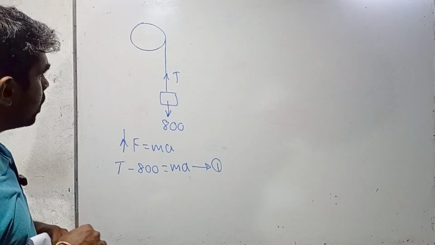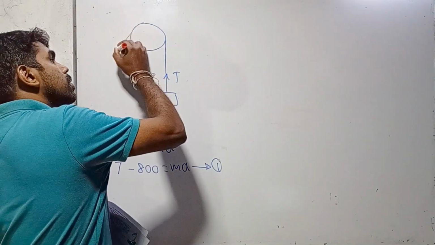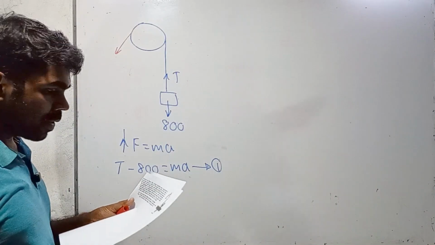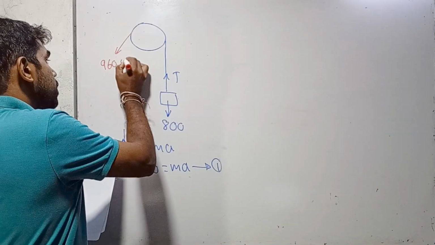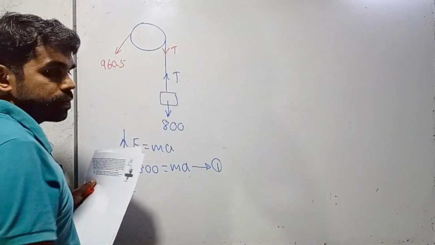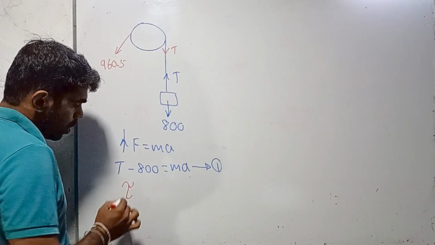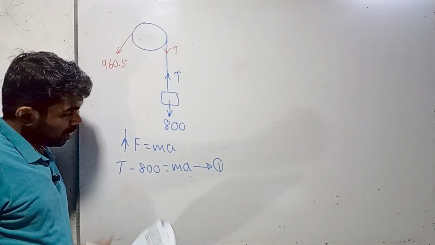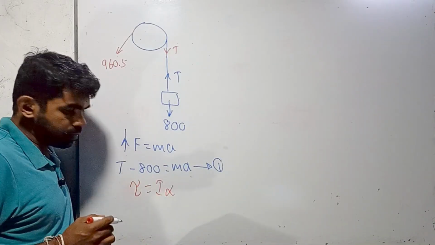When considering the pulley, there are two forces: the force given by the motor, 960.5, and the tension. Then we can apply tau equals I alpha for the pulley.